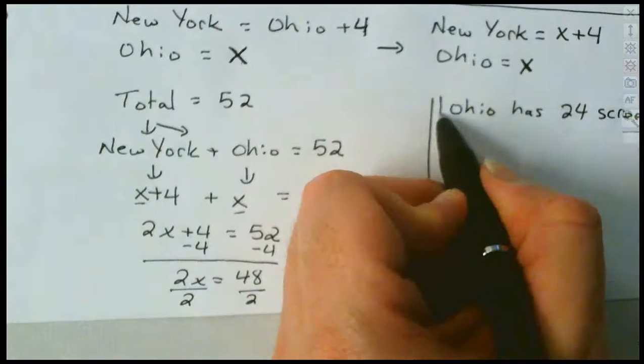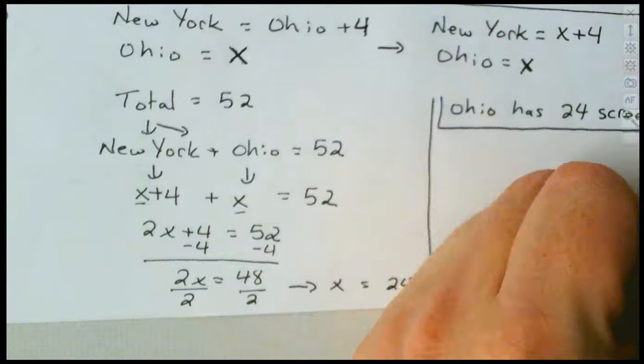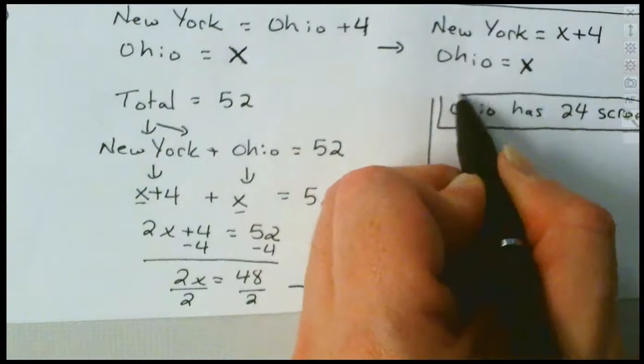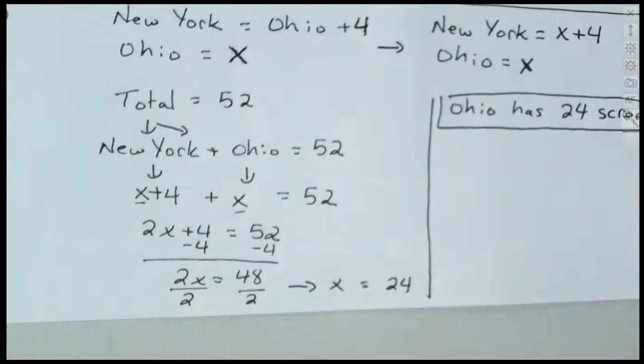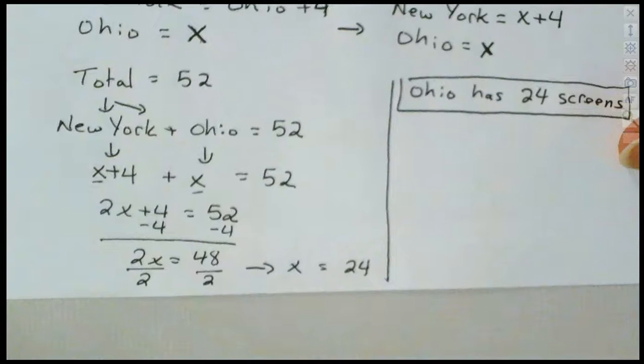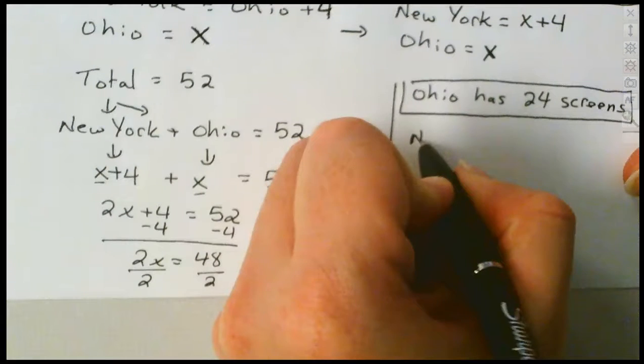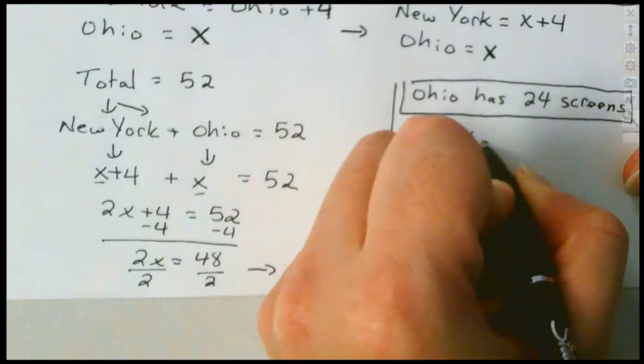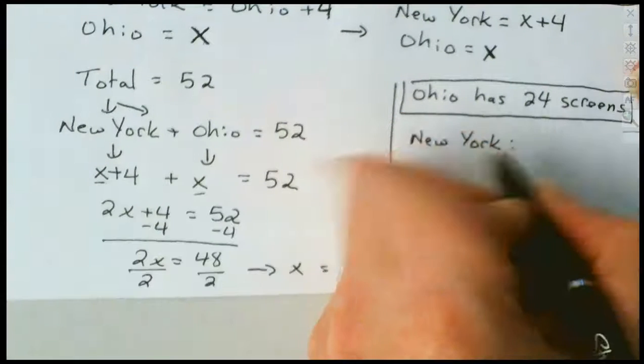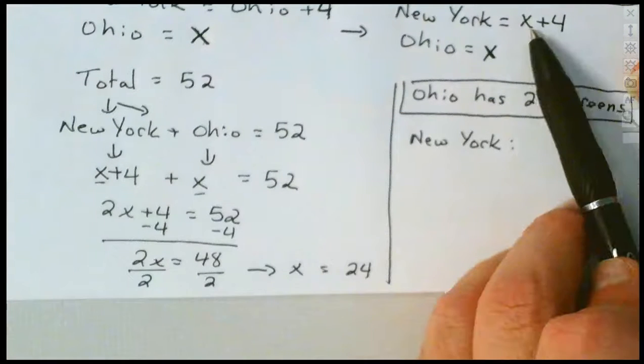So there's that piece. We want to find both of them. So we know Ohio has 24 screens. Now, what about New York? Well, New York has 4 more. So New York, well, it's going to be x plus 4.